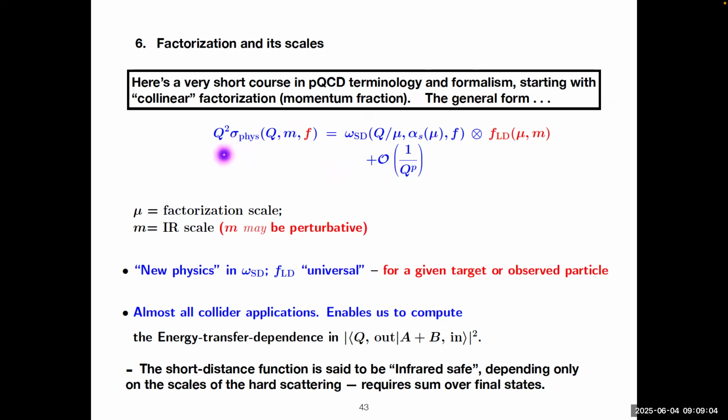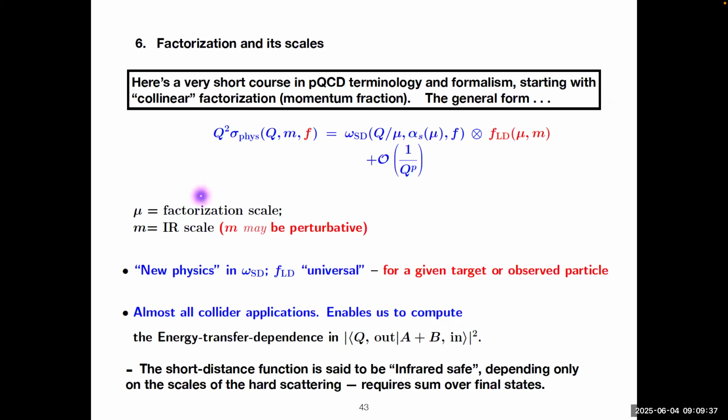So we're imagining we have some physical cross-section that we go out and measure. We make up our minds what events we're going to count, and we prepare an initial state, and then we see how many of the events come out. From that, we can derive a cross-section for a particular final state, which we'll just represent by this big Q. In deep inelastic scattering, Q is the momentum transfer that the electron shares with the proton.